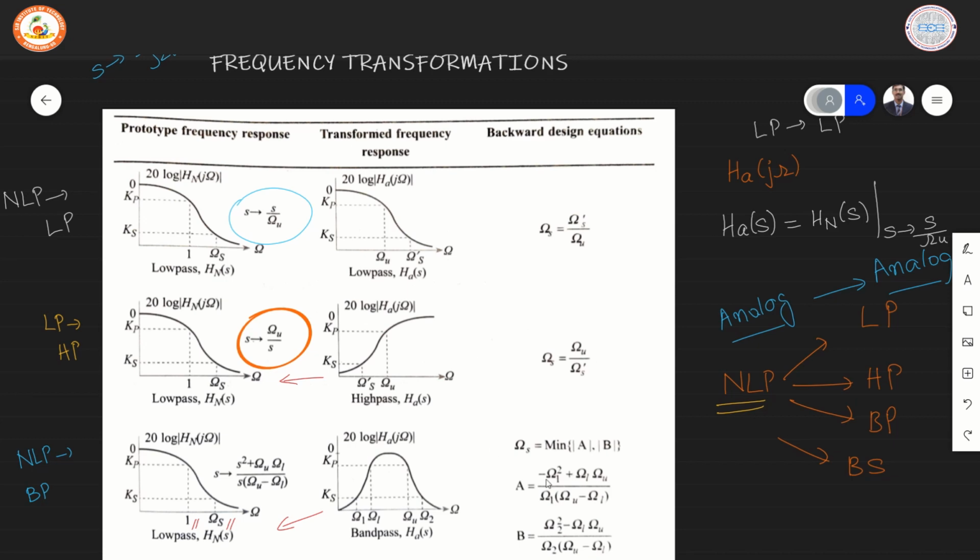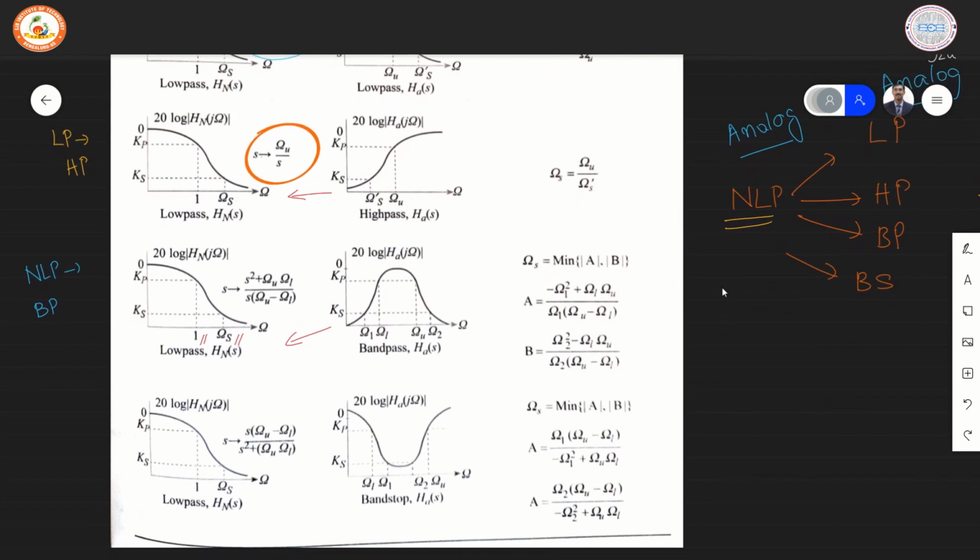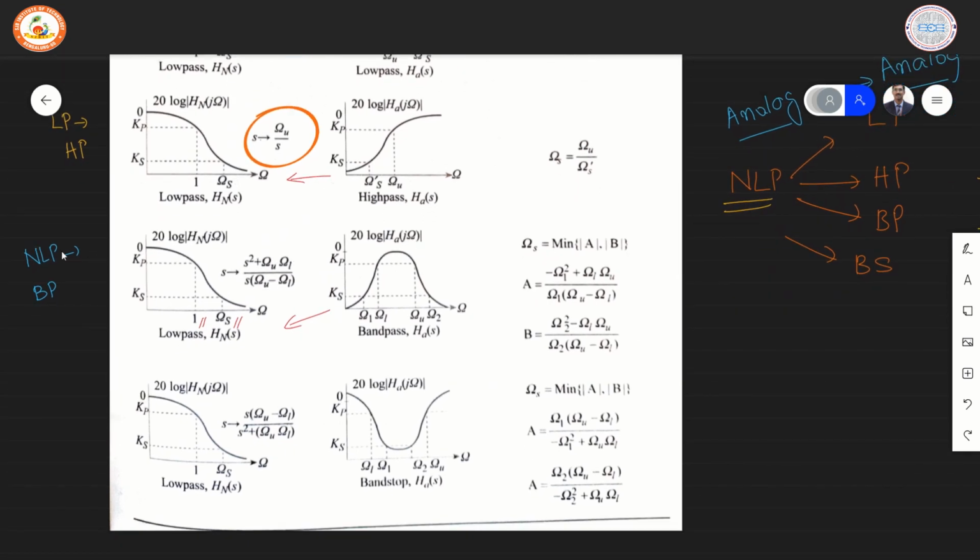Now, coming to the case where we are solving for the low pass to band pass transformation. Band pass filters are a combination of high pass and low pass. First, we encounter the stop band. In between, we have a pass band, and once again, we have the stop band.